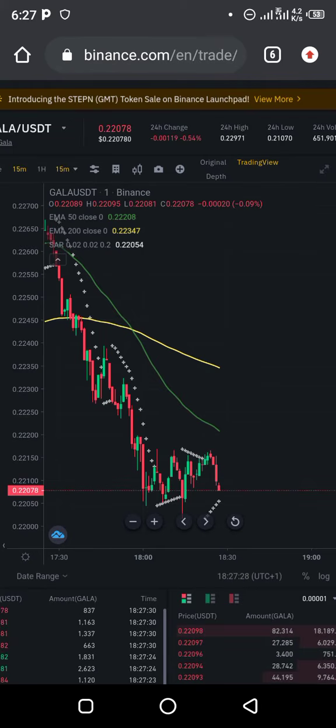Now you can see here the yellow line, which is the EMA 200, and the green line, which is the EMA 50.